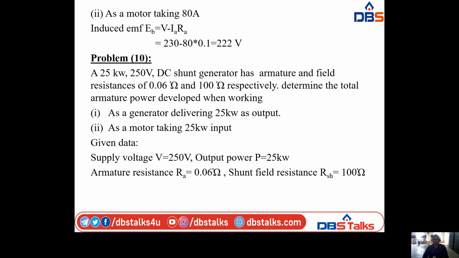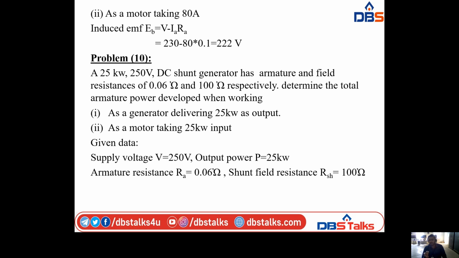And coming to the last problem, that is problem number 10. Here they have given that a 25 kilowatt, 250 volt DC shunt generator has armature and field resistances of 0.06 ohms and 100 ohms respectively. Determine the total armature power developed when working as a generator delivering 25 kilowatts as output, and as a motor taking 25 kilowatts input.